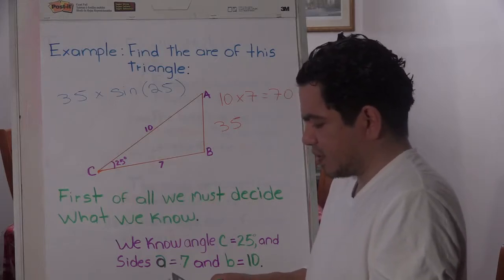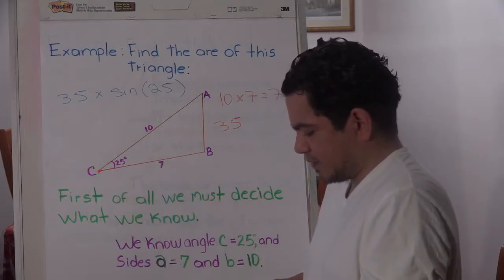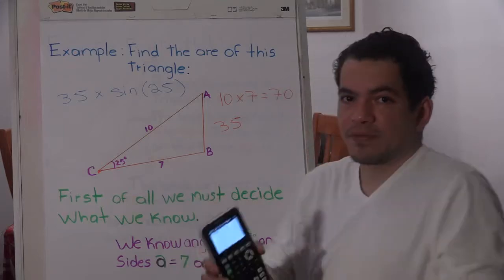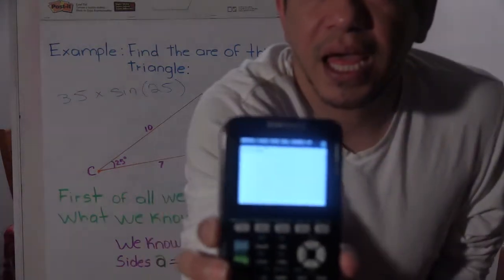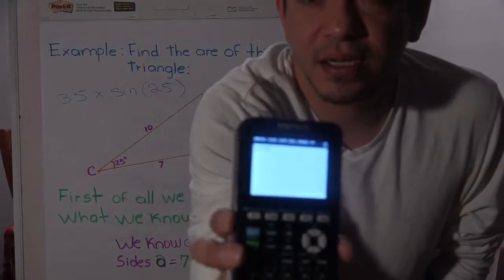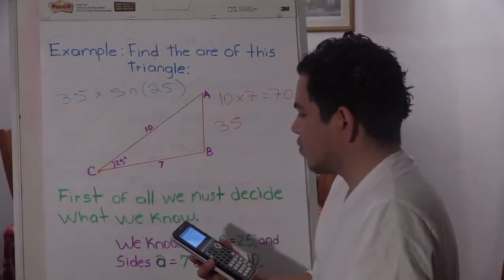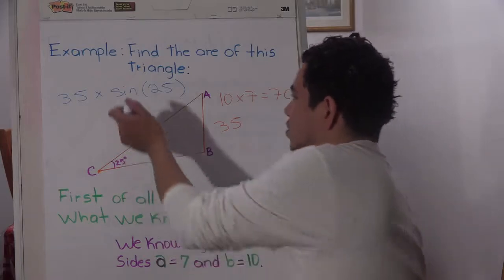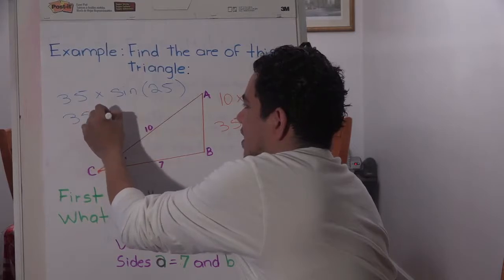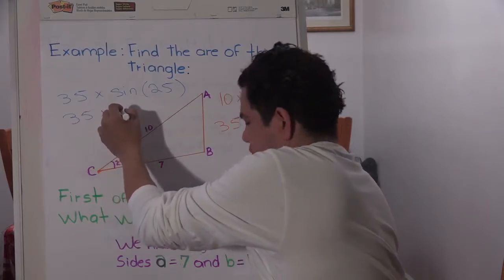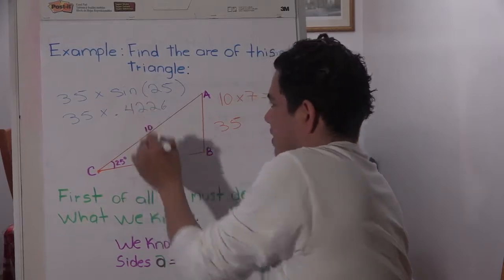Make sure that the calculator is in degrees. Okay, it is in degrees. The sine of 25 degrees is 0.4226. So I'm multiplying 35 times 0.4226.